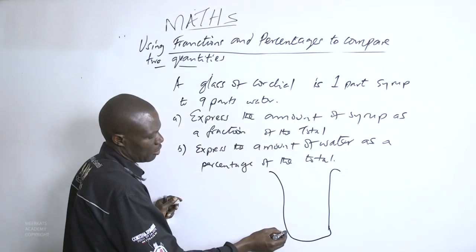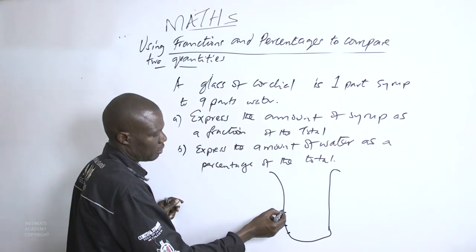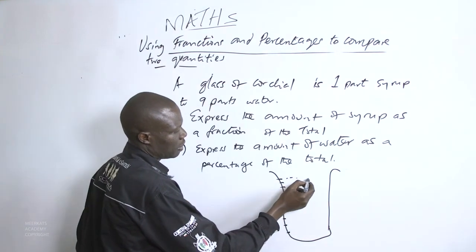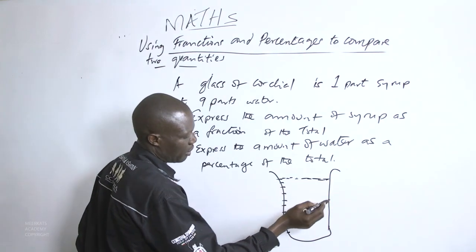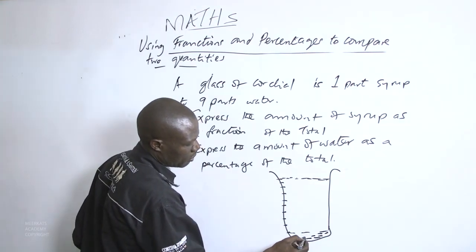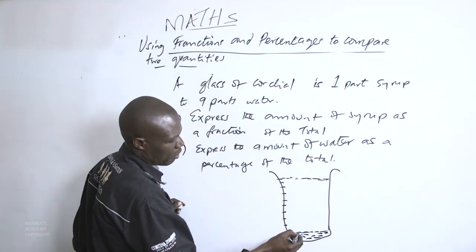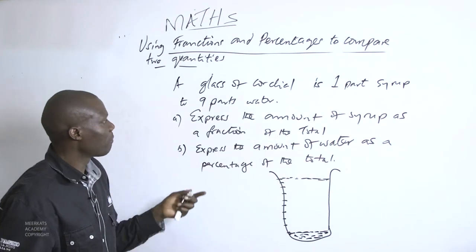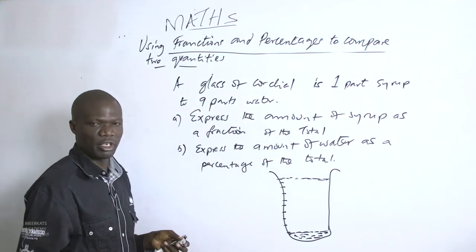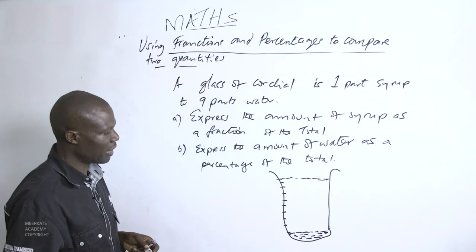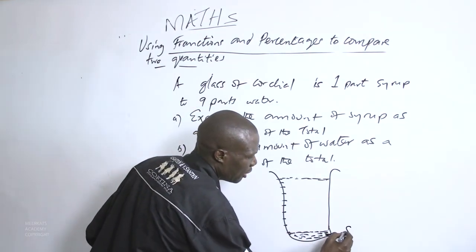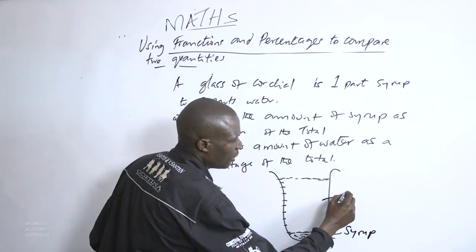So if there are 10 units, maybe 1, 2, 3, 4, 5, 6, 7, 8, 9, 10. So assuming this is the highest level I require, but for the syrup, it is simply 1 part. So this is the part for the syrup. If they say 1 part, what remains is filled by water, and that is 9 parts. So here, this is the syrup, and this is water.